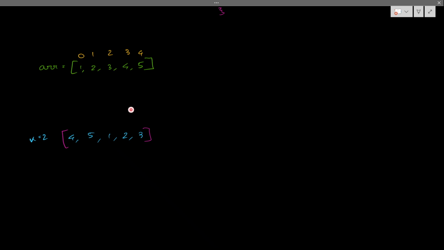Then again, if k equals 1, then 5 comes here, and the rest of the things come after it. Correct. So again, we can iterate.